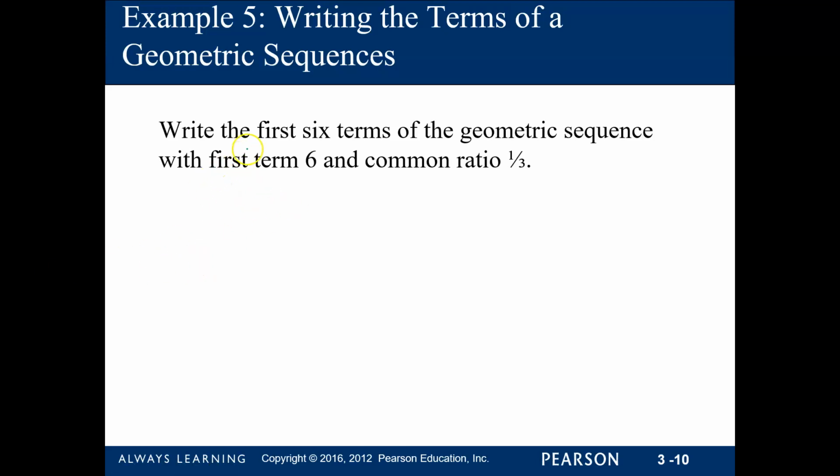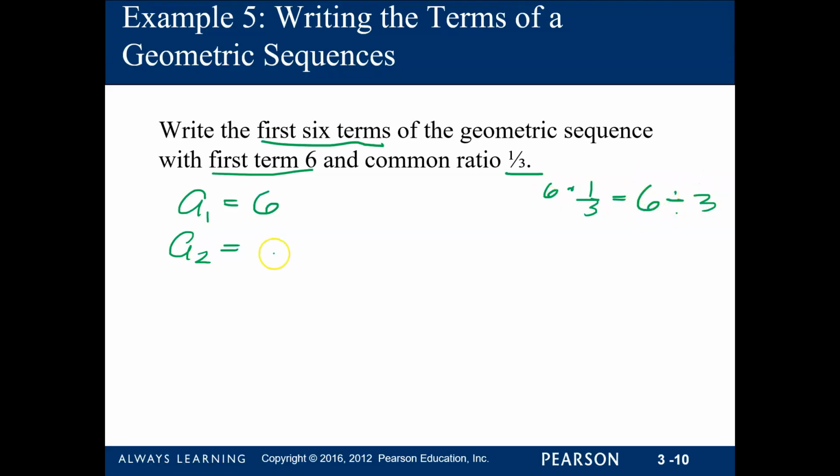So let's take a look at this. Write the first 6 terms of the geometric sequence. The first term is 6. The common ratio is 1/3. So the first term is going to be 6. For the second term, 6 times 1/3 is pretty much like dividing by 3, so 6 divided by 3 is 2.